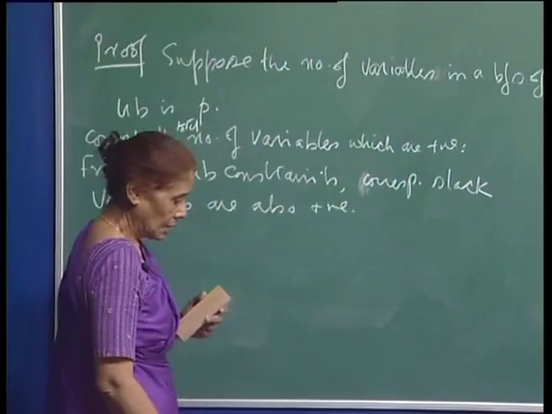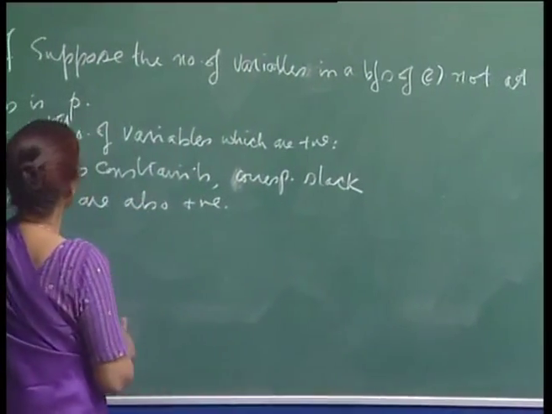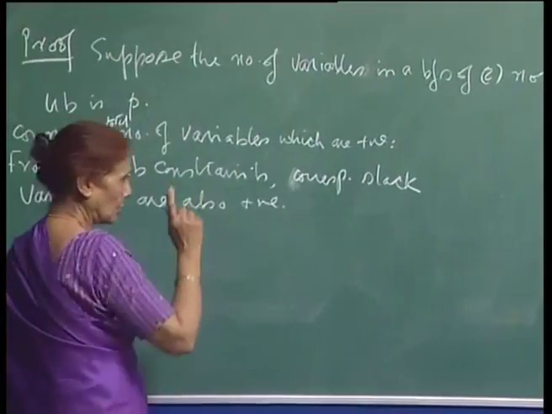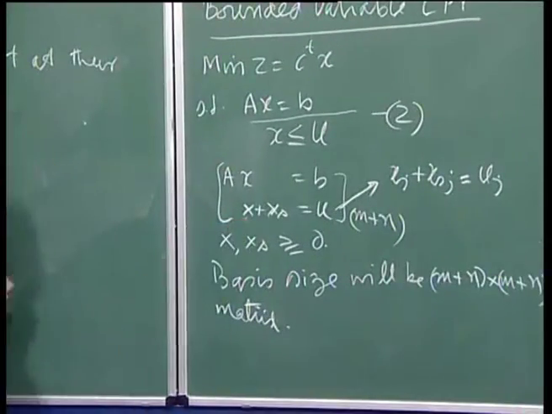Then, since p of them are positive, not at their upper bounds, n minus p of these are zeros, right.